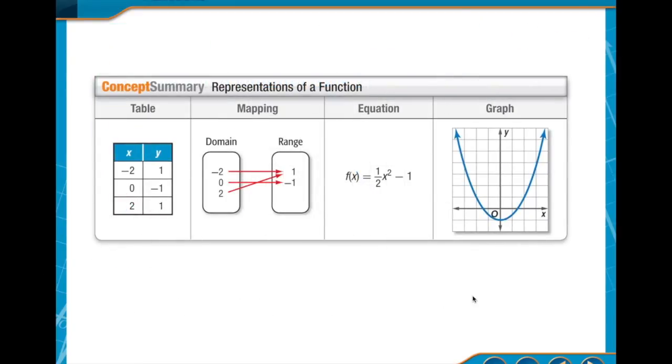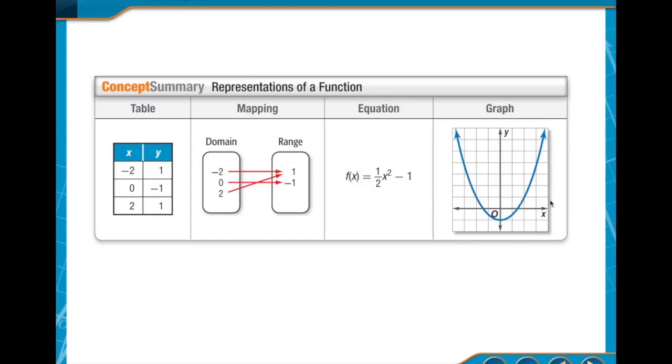This here tells us a few different ways that we can represent a function. We talked about a table and mapping before. There's also an equation that you can use. That's another way to represent a function, written as f of x. We can also use a graph to help represent a function.